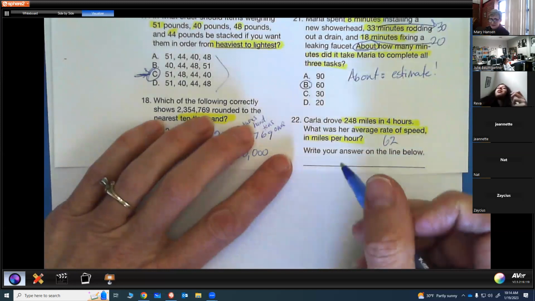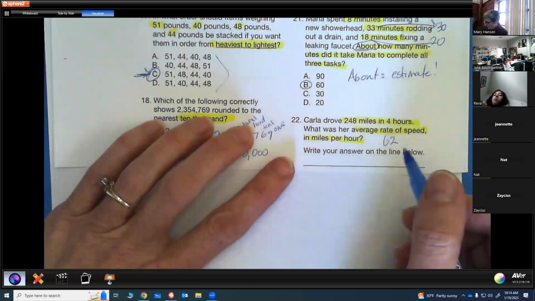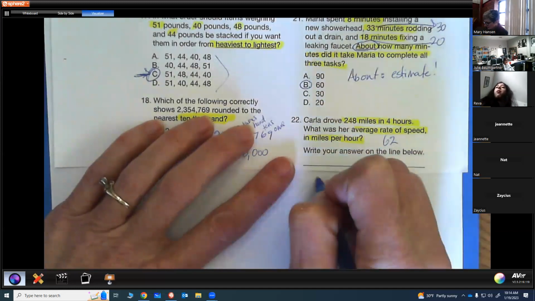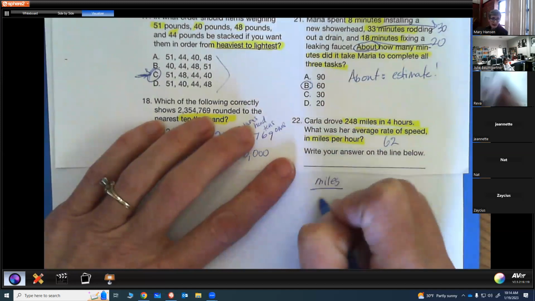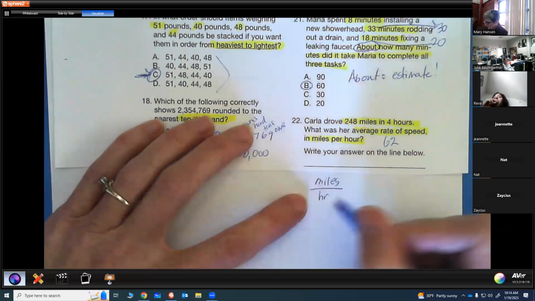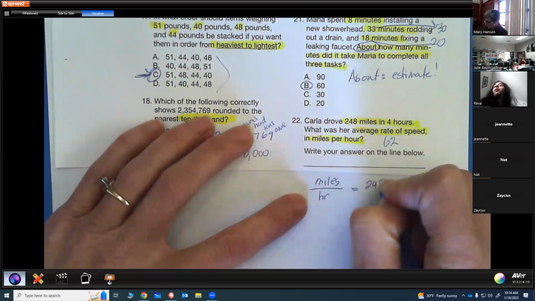I just divided the 4 by the 248. 248 divided by 4, and that is absolutely correct. Miles per hour means miles divided by hours. And so we have 248 miles in 4 hours.